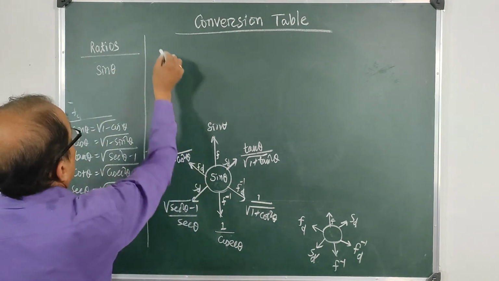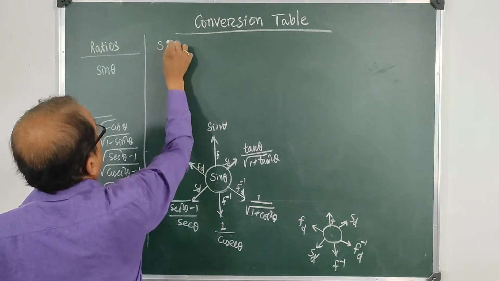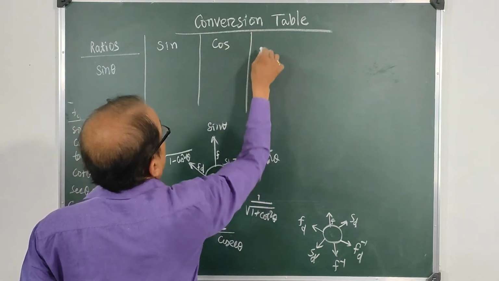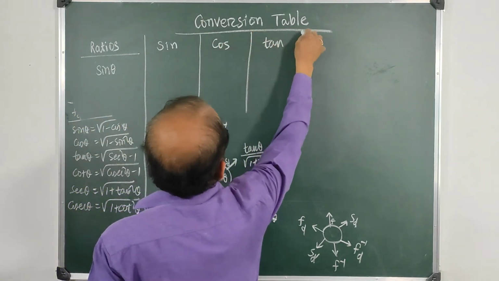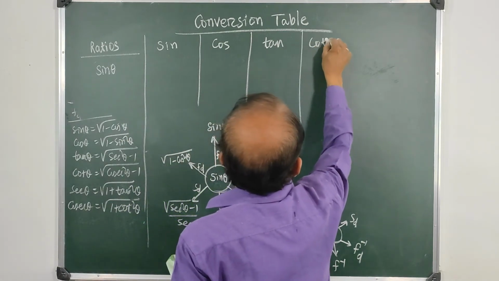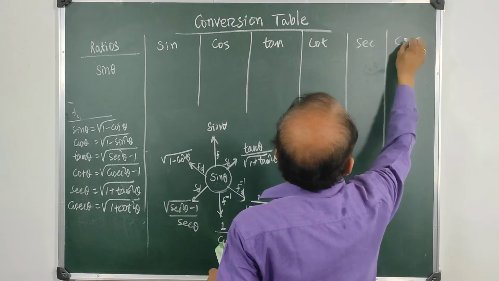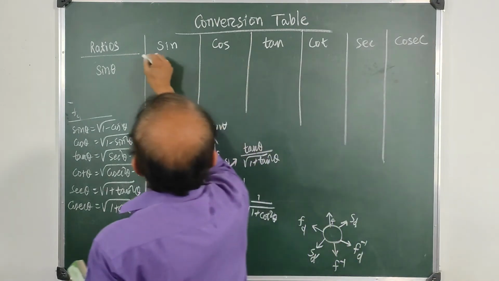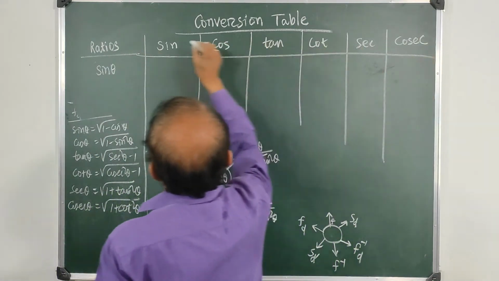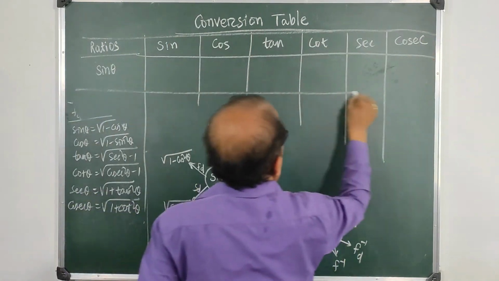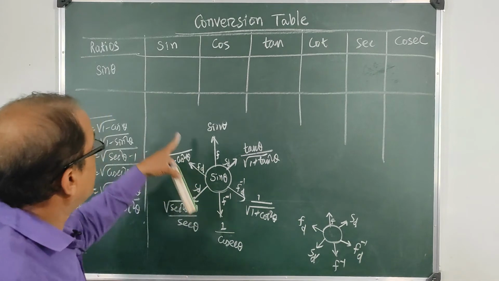Sin theta can be termed in 6 different forms: the sin form, the cos form, the tan form, the cot form, the sec form, and the cosec form. Now we have to find one ratio in all 6 different forms, and that is known as conversion table. From this table we can note them down.